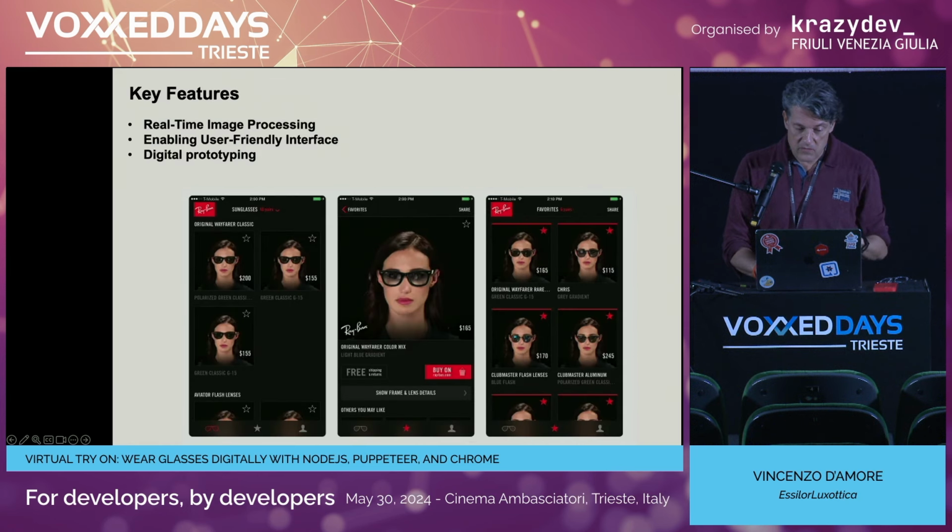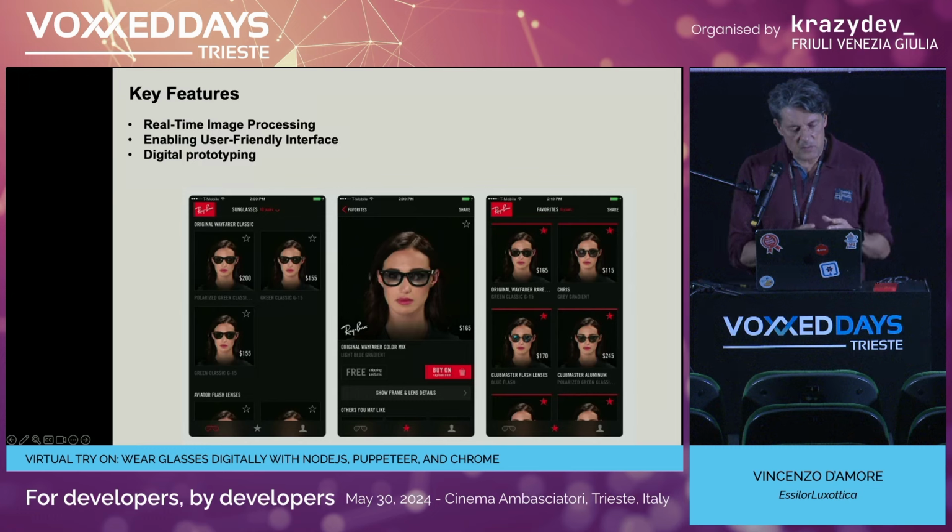The key features of this product are real-time image processing, a user-friendly interface, and digital prototyping, very important. Yes, it's friendly, and we enable the user to wear digitally every kind of glasses, even if they are not available directly in store.